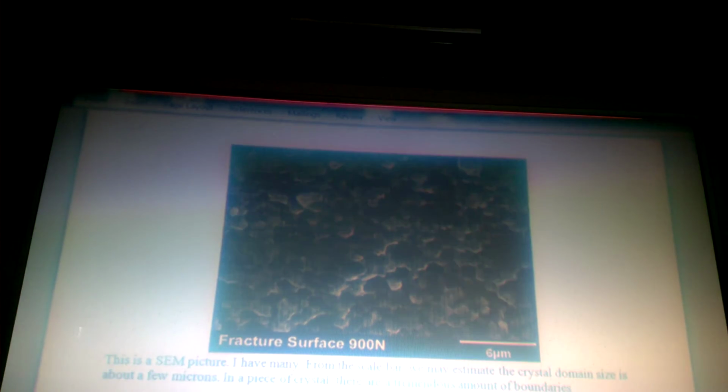In a piece of a crystal, if you look at this micro crystal structure, you really have a tremendous amount of boundaries, right?